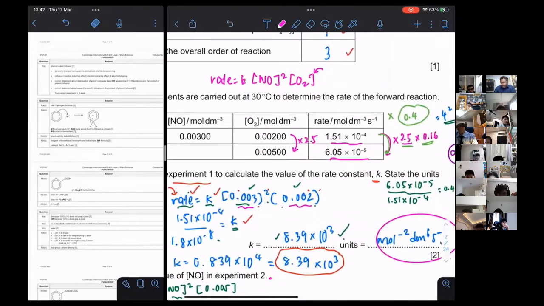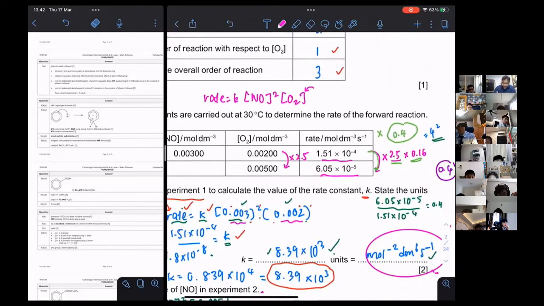Now, if you look closely at 0.16 and we look at this NO, this is a second order reaction. Okay, now 2.5 to the power of 1. Let's change 0.16 to the second order reaction. What to the power of 2 gives you 0.16? Giuliano?